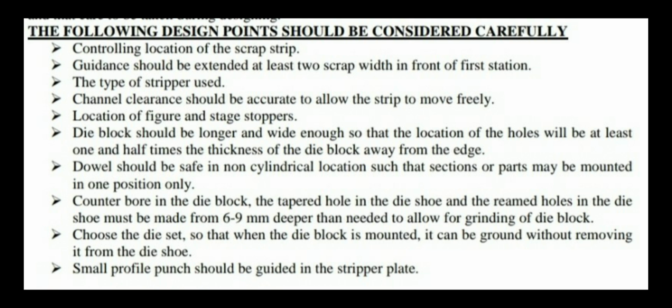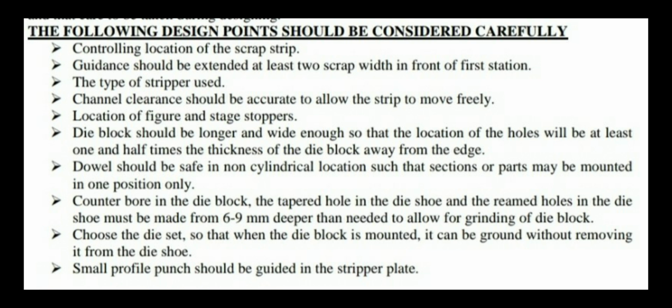The die block should be long and wide enough so that the location of the holes will be at least 1 or 1.5 times the thickness of the die block away from the edge. The dowel should be safe in non-cylindrical location such that the sections or parts may be mounted in one position only.